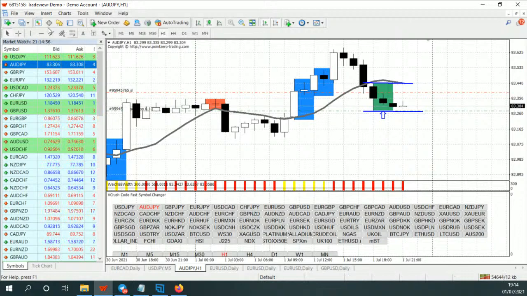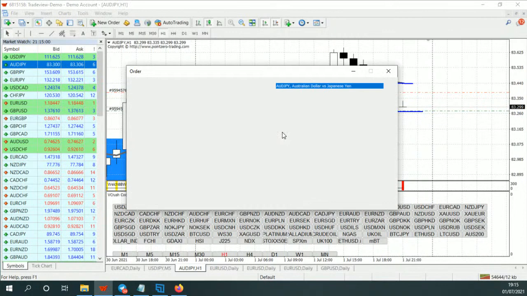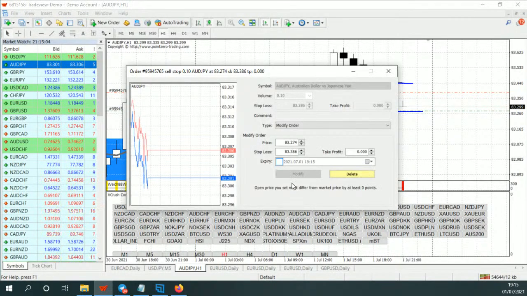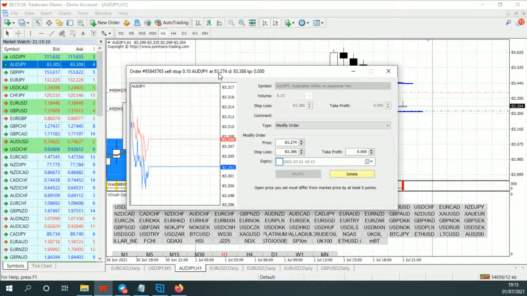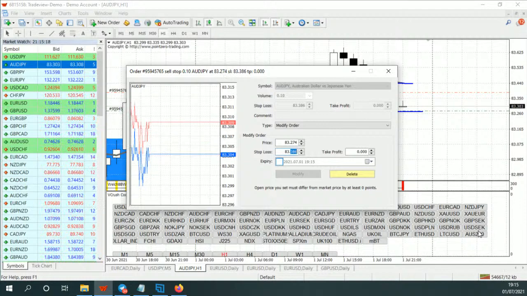So your TP1 will be 12 pips. Your sell stop order is at 83.27, so minus 12 will give you 83.15.